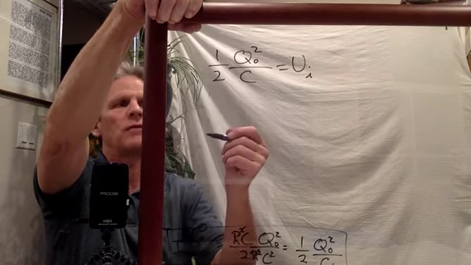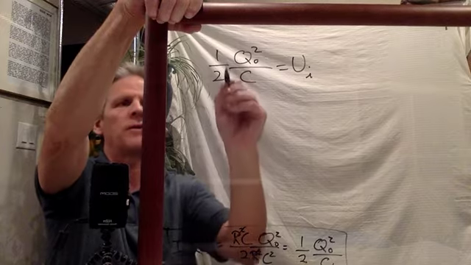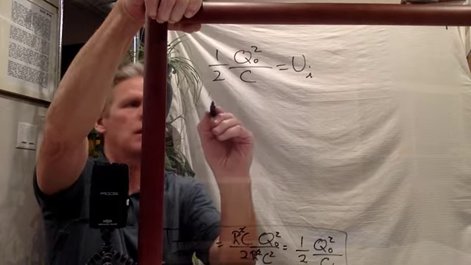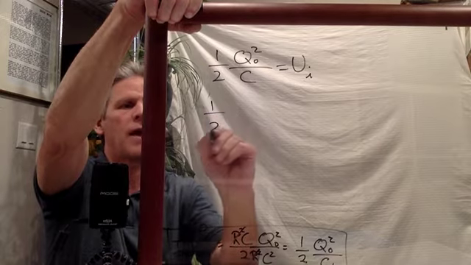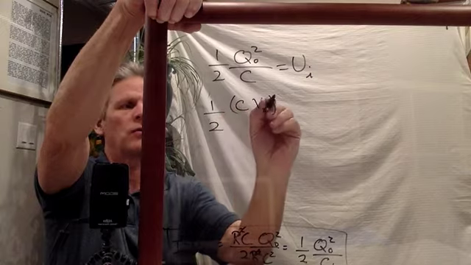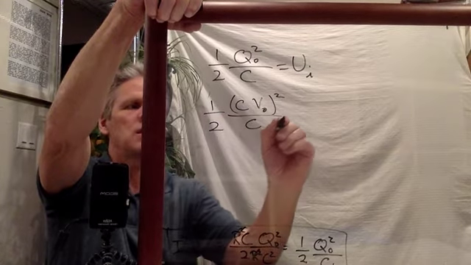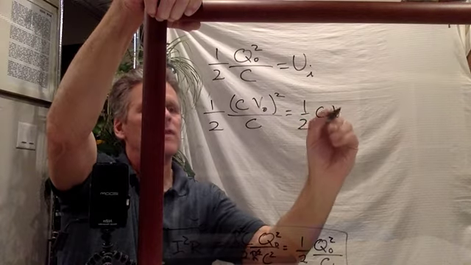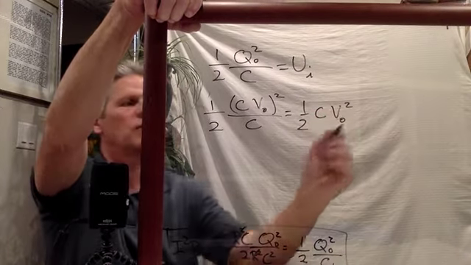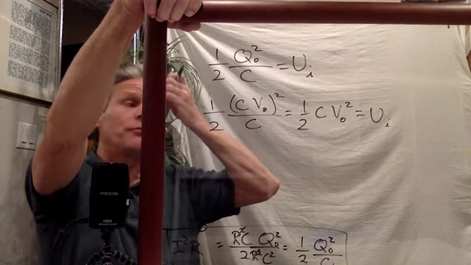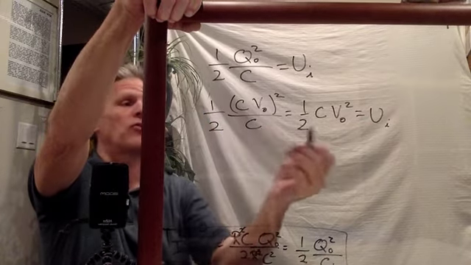Actually, I think you guys know I kind of like a different expression for this, so I'm going to go ahead and write that right now, and I'll just say this is 1/2 CV0 squared over C, which is 1/2 CV0 squared. So this is our initial energy right there. So what is our final charge?